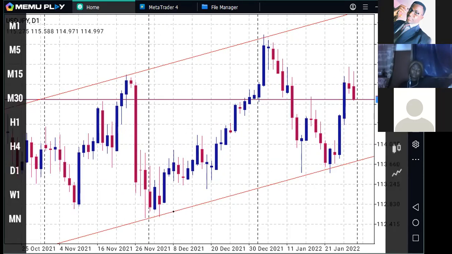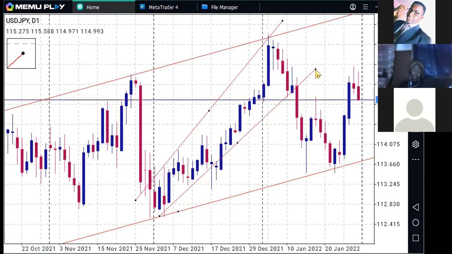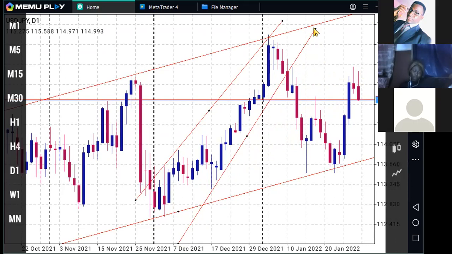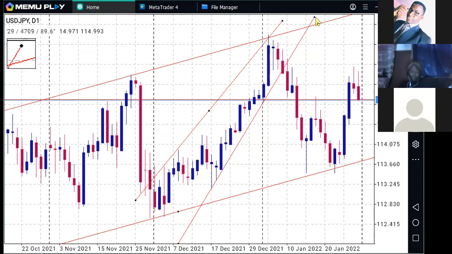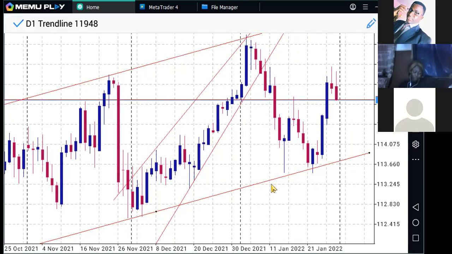Also, if we notice at this place, we also had price moving this way, and also something like this. So that's that about the trend line.